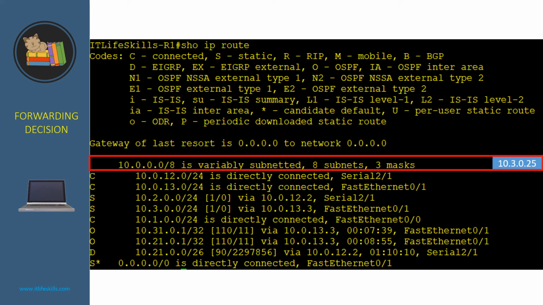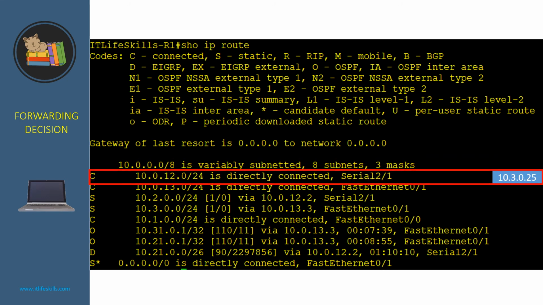It checks the first entry and figures out the IP range of the subnet in this entry. And in this case, the IP range is 10.0.12.1 to 10.0.12.254. It knows the destination IP does not reside on the subnet.